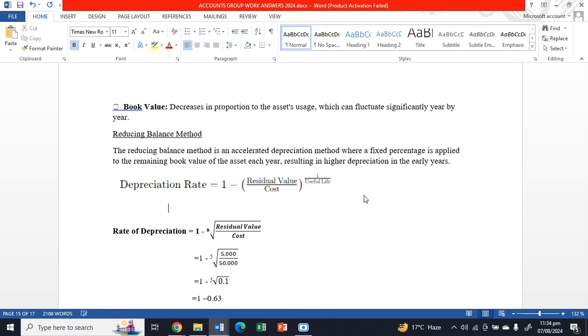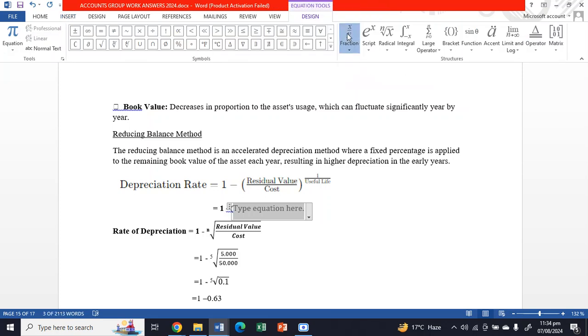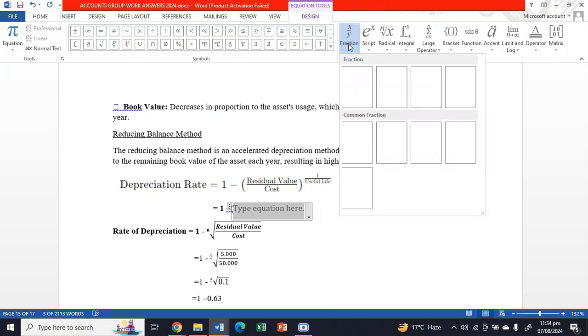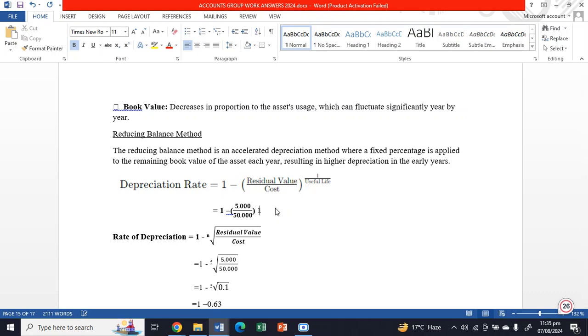So we say the depreciation rate is equal to 1 minus the residual value, 5,000, over the cost, 50,000, to the power 1 over 5. 1 over the useful life, which is 5.